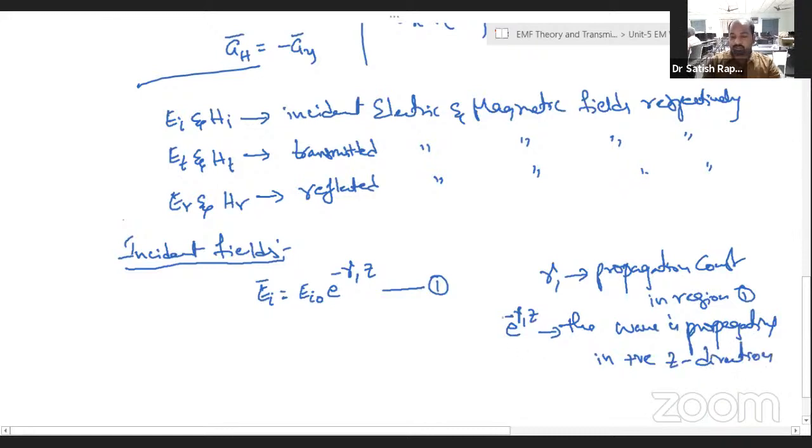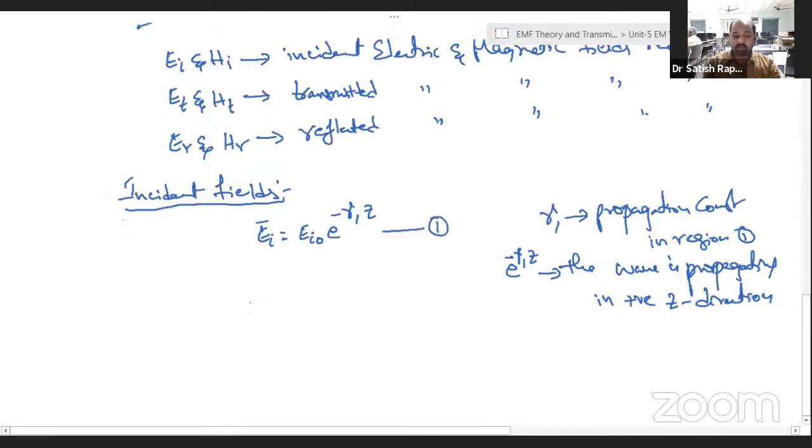E power plus gamma z means the wave is propagating in the negative z direction, right? So remember that. And similarly the magnetic field component Hi bar is equal to Hi naught e power minus gamma 1 z.